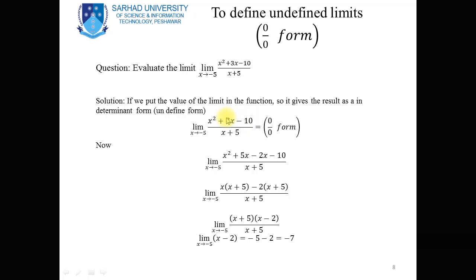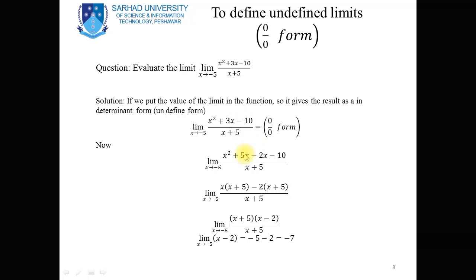Dear students, I want to tell you again, factorization by sum and product. First of all, we multiply the first coefficient with the last term: 1 multiplied by minus 10, we obtain minus 10. Now choose two numbers under the conditions: by adding them we obtain plus 3, and by multiplying them we obtain minus 10.